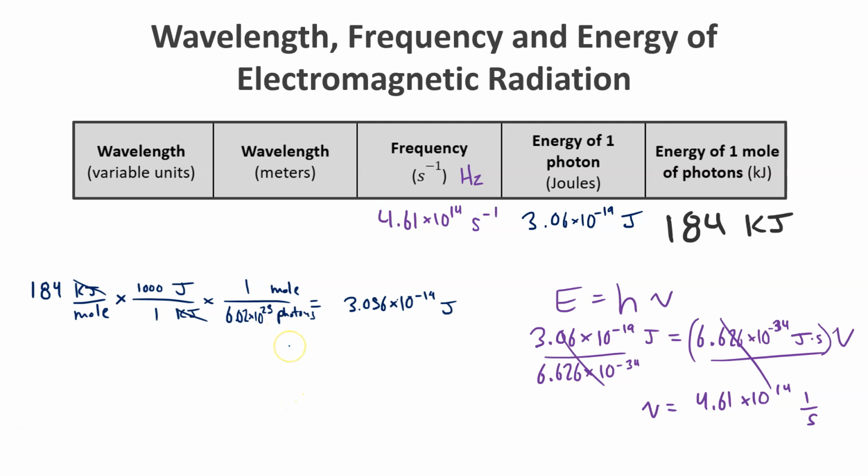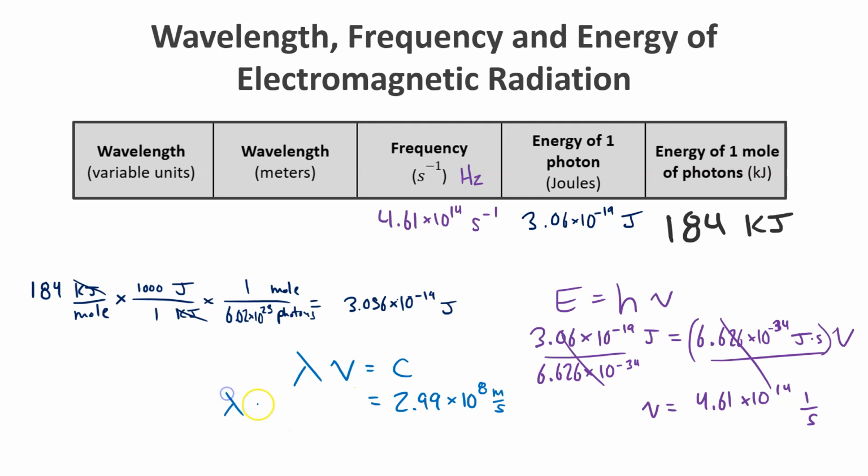Next up, we can find the wavelength, because there's another relationship where if you take the wavelength of any of these waves and multiply it by that frequency, you'll always get the same value. And that value is the speed of light, symbolized with a lowercase c. The speed of light is also a constant number that you would be given, or you can look up, 2.99 times 10 to the 8th meters per second.